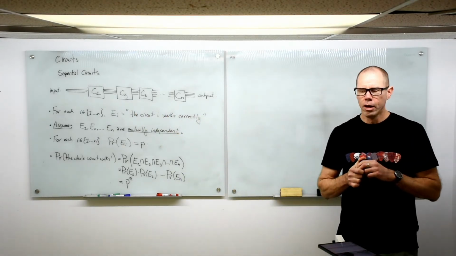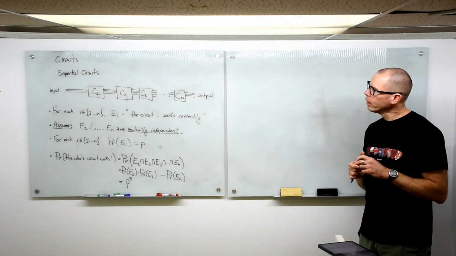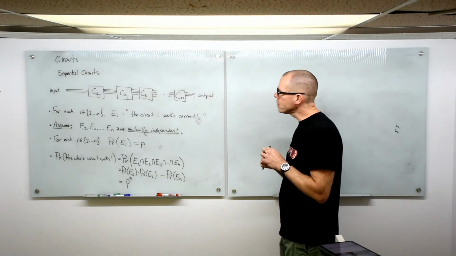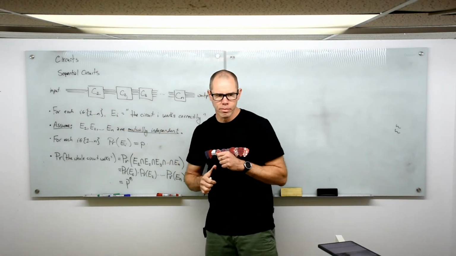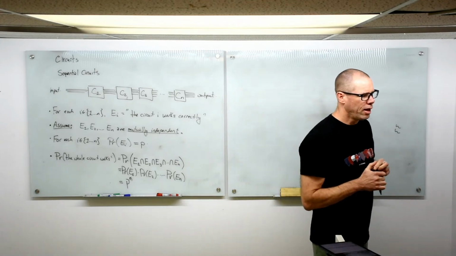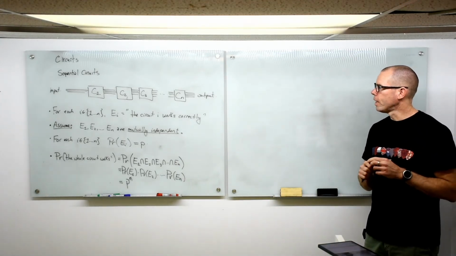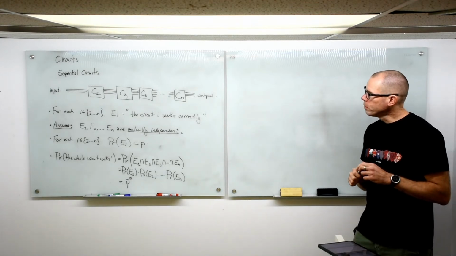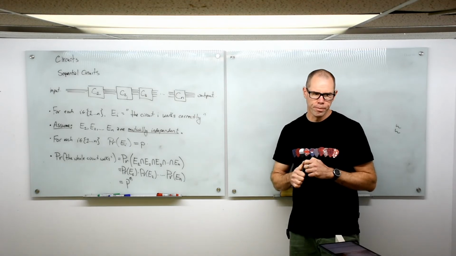So 1 over 2 to the 10. So not so good, right? Fairly reliable parts that work with probability a half are certainly better than working with probability only 1 out of 1,024. If you put them together in this way, you get something that quickly becomes unreliable.